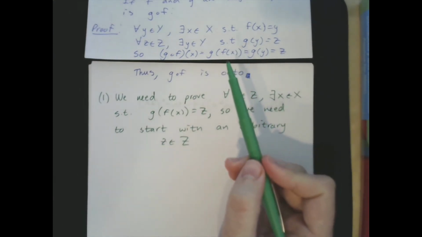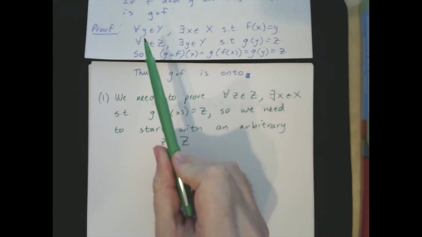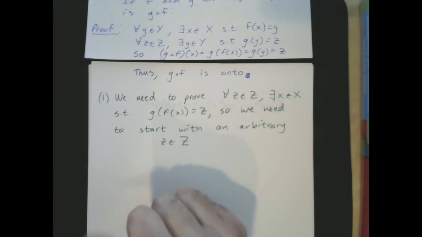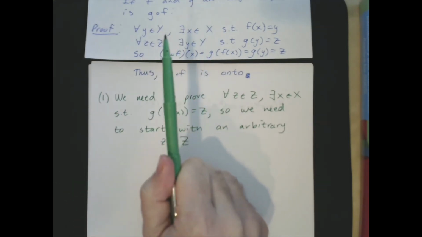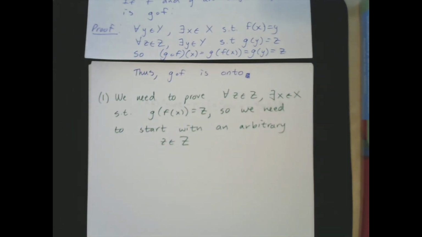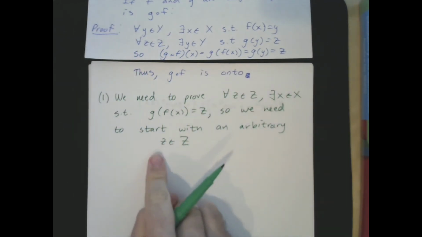This proof does not do that. For one, it starts with an arbitrary element of Y and an arbitrary element in Z. Now we don't need an arbitrary element of Y. So that's the structural error: we're not quite starting in the right place.